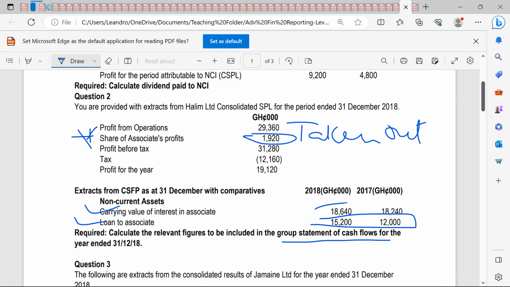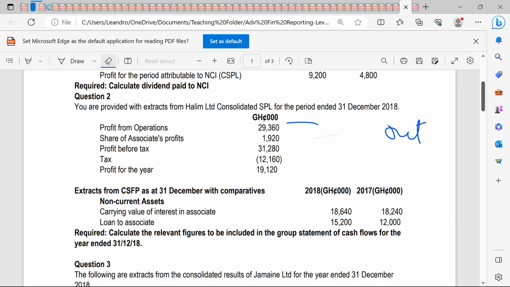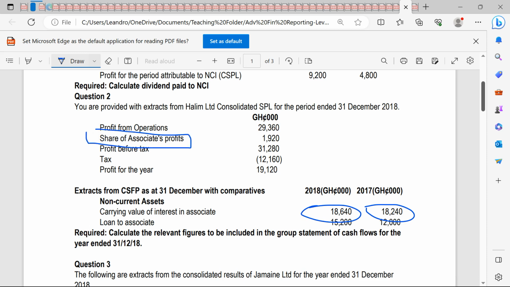But if you want to know the cash element in the investment itself, then we have to prepare a T account. So let's go prepare the T account. Again, because you are going to prepare a T account, you will need the opening balance of investment in associates, the closing balance of investment in associates, and the share of associate profit.